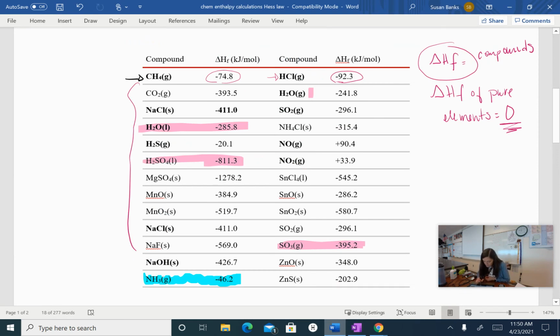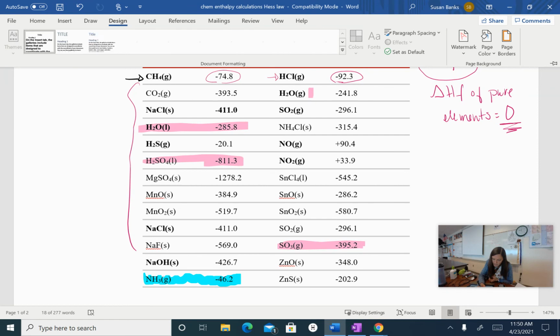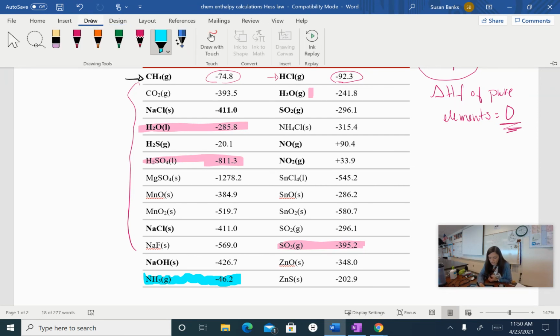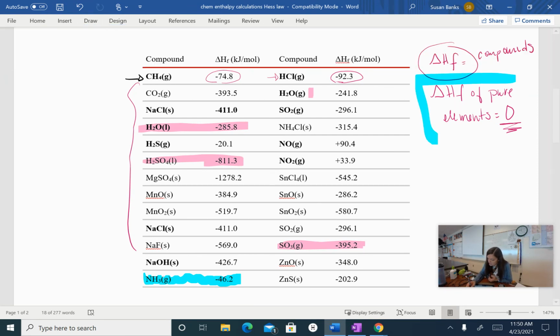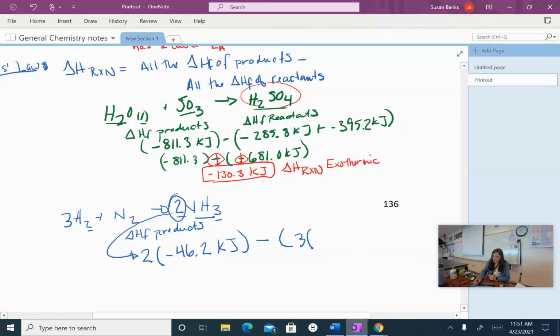Now, when I look at this table, there's no hydrogens. Why not? Do you guys remember that elements have no heats of formation? Heats of formation of pure elements are 0. Hydrogen is a pure element, is not a compound, so it is 0. So my heat of formation for hydrogen is 0.